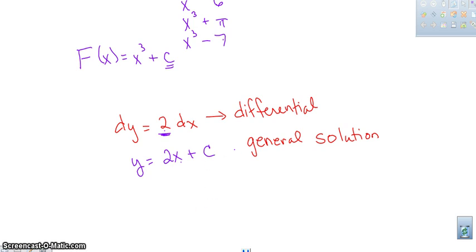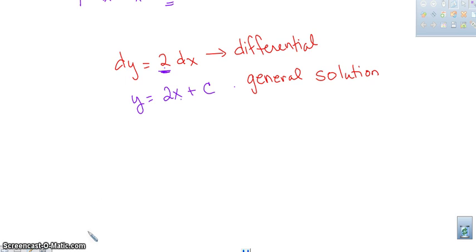Now, when we start talking about general solutions and antiderivatives, we actually get into the integral symbol. An antiderivative and an integral are the same thing. This is an integral symbol. It's like a big S. And usually you take the integral of some function, f of x dx. That dx has to be there because you're taking the integral of a differential.